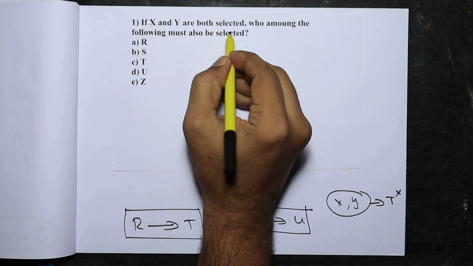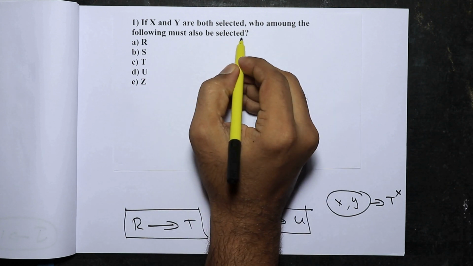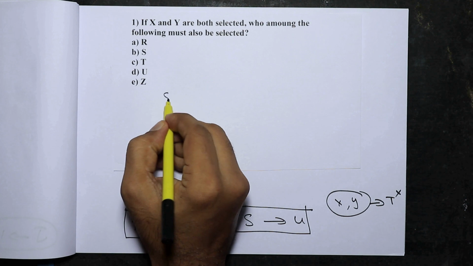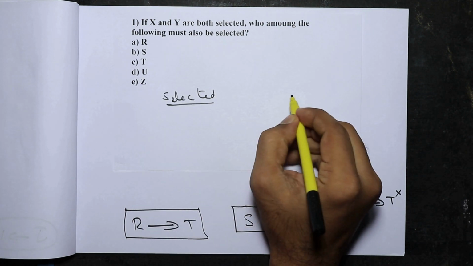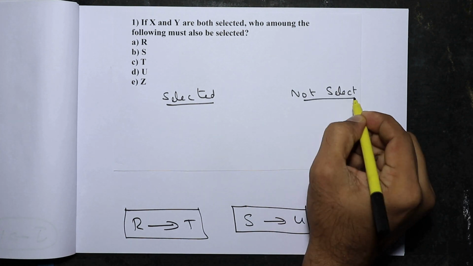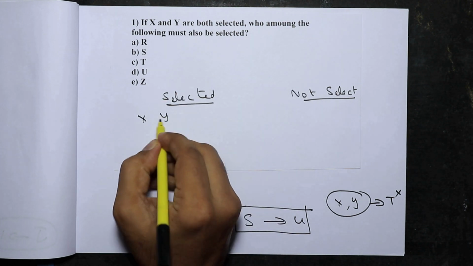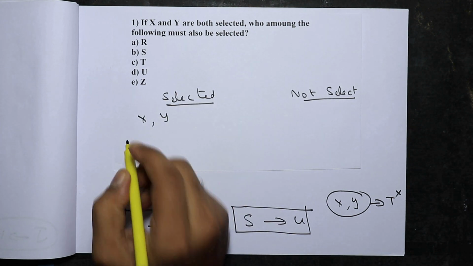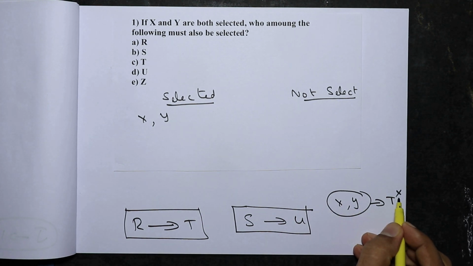If X and Y are both selected, who among the following must also be selected? Now this is the list of selected people and this is the list of not selected people. Now X and Y are both selected. So you have X and Y here. Now if both X and Y are selected, then T cannot be selected.